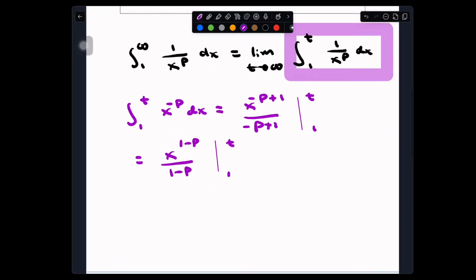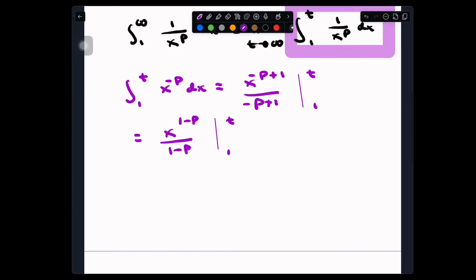So substituting our limits here, we get t to the 1 minus p over 1 minus p minus 1 to the 1 minus p over 1 minus p.